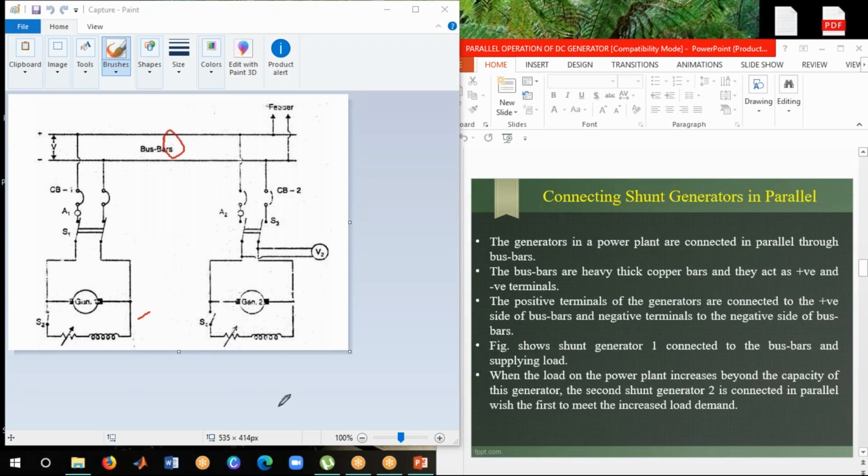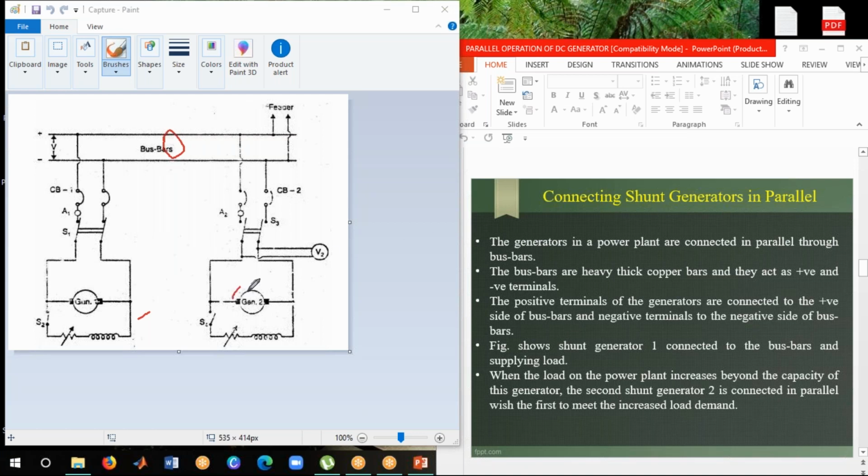How can we identify a shunt generator? It means that when the armature winding and field winding are both connected in parallel.